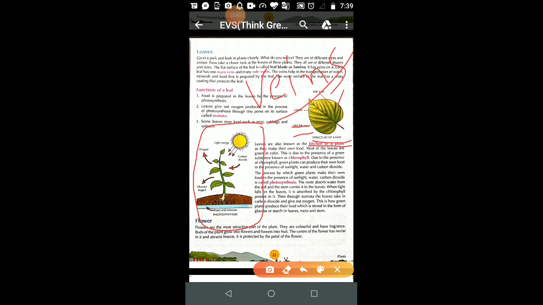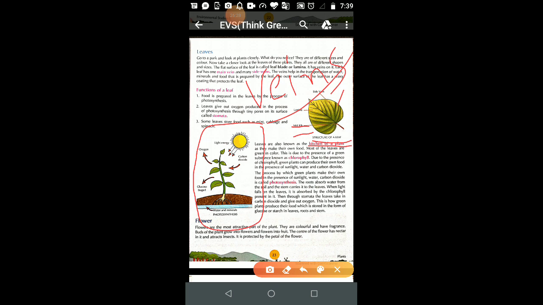Student, observe the picture of the plant. Okay, so what are the things required for photosynthesis? Note down. First, sunlight. Is it clear? Note down. Sunlight.